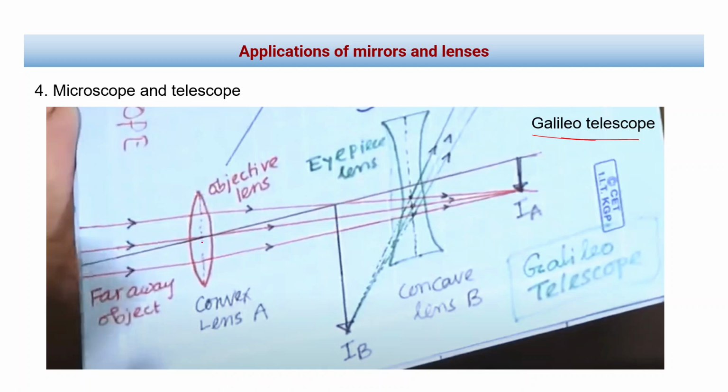A convex lens is a converging lens, so the rays will converge at a point. But before they converge at this point, if we keep this diverging concave lens, then instead of converging at this point they will be scattered and seem to be coming from this point, because of which we get an image here. So this is how the simple Galilean telescope mechanism works.